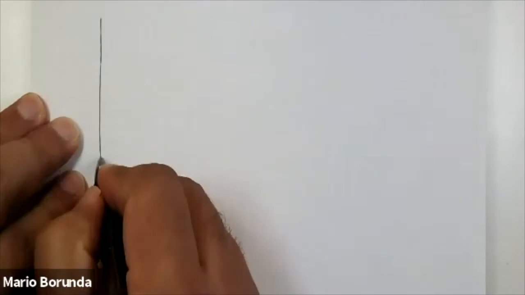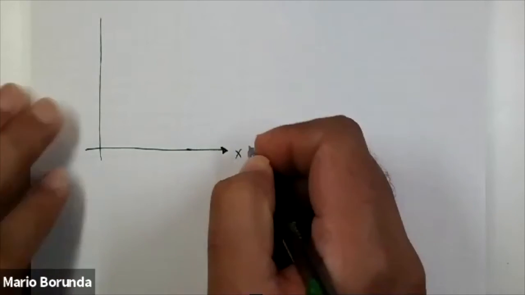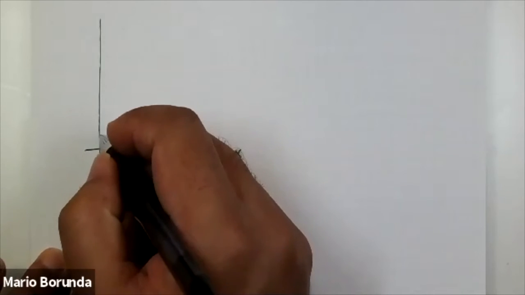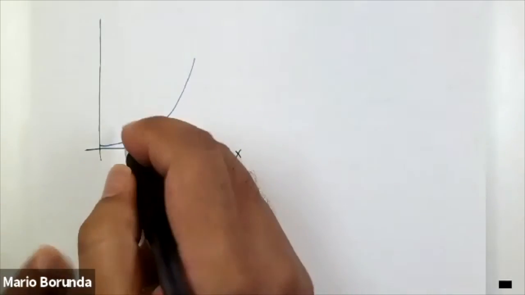So we wanted a picture to understand this. Let's say that this was x. For a fixed y, we're going to have two curves. So let's say that we have this curve going in this direction.